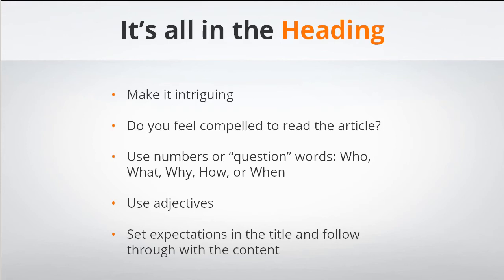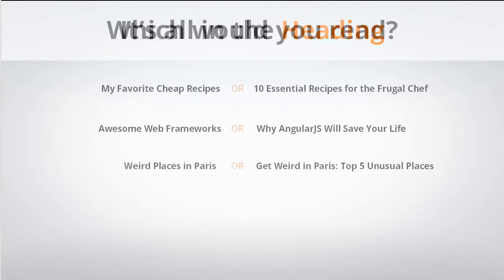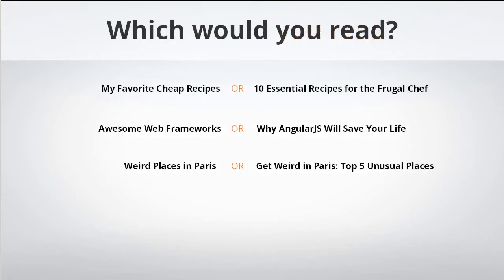Let's go back to our headings here, and you can see how I use this formula in my headings myself. You can see we have the generic version and then the spiced up version. Our first one, we used a number to quantify how many recipes we're going to share. So we have 10 essential recipes. We have that adjective there, for the frugal, also another adjective, chef.